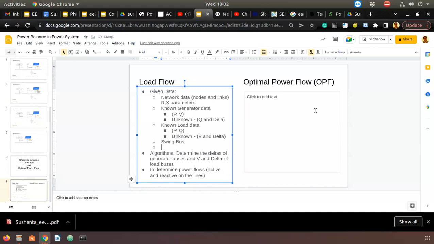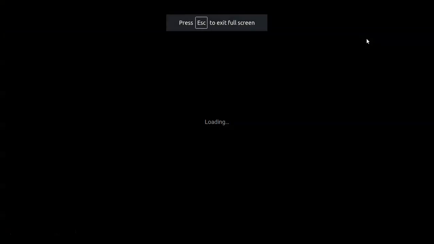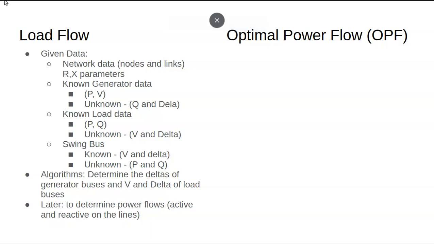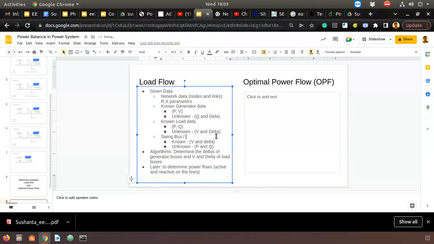So basically known will be V and delta, and unknown will be P and Q. Now the question is, why P is unknown? Sir, actually, the swing bus means we will consider one of the generator buses itself.